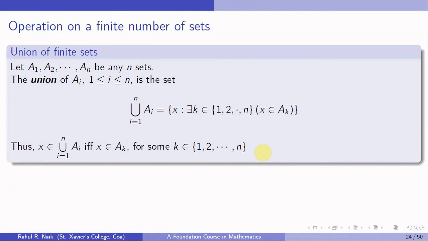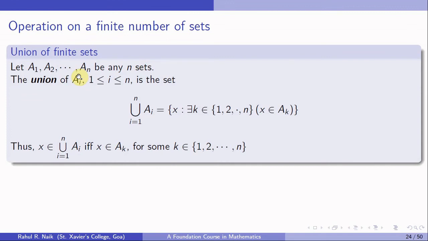So the union of Ai is the set of all x such that this x belongs to some Ai, or in other words, there exists at least one Ai such that this x is contained in that Ai. That is the same as saying there exists k in this running set 1, 2 till n such that x belongs to Ak.